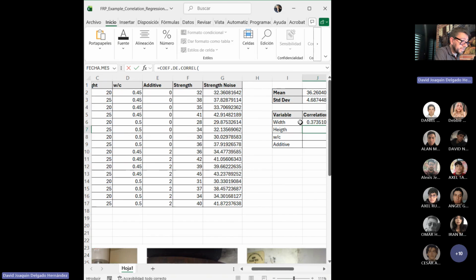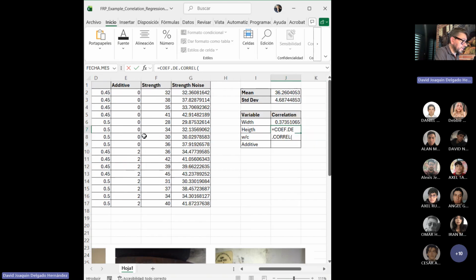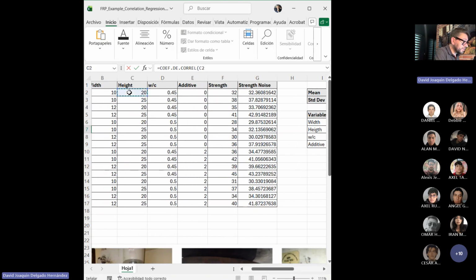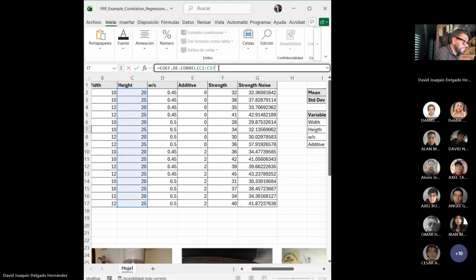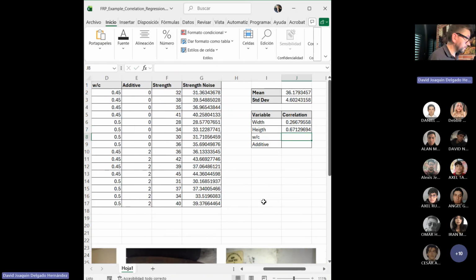So I am analyzing the height, so I am going to put here the height. Then comma, and finally the strength noise, these values, from G2 until G17. And I close the parentheses. Okay. Here we are.